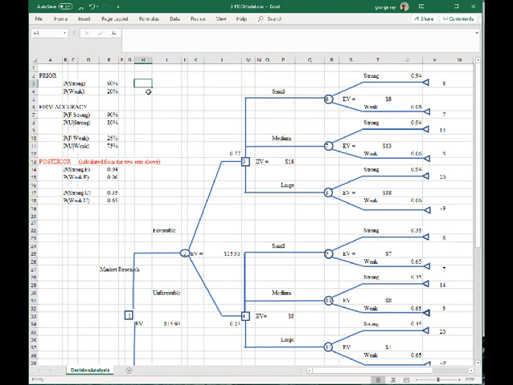So we need, of course, those, and we also need the additional information. And the additional information we want to add in is what's the accuracy of this firm. So if they do this study and they come out with a favorable report, how often does that favorable report result in strong demand?